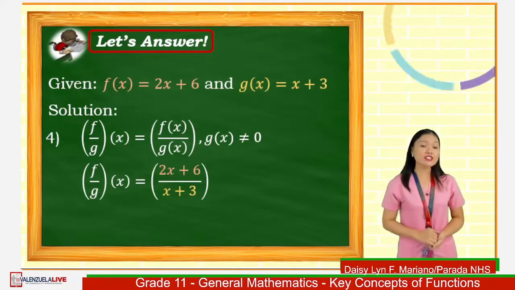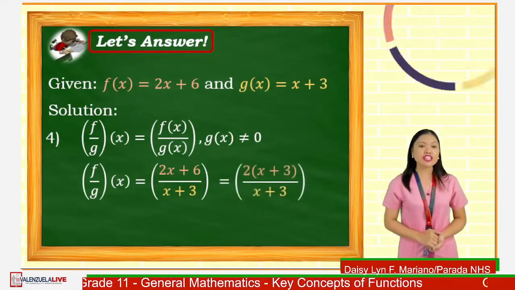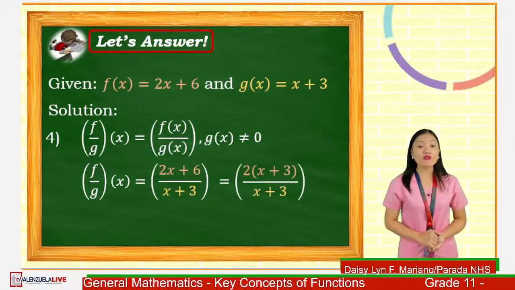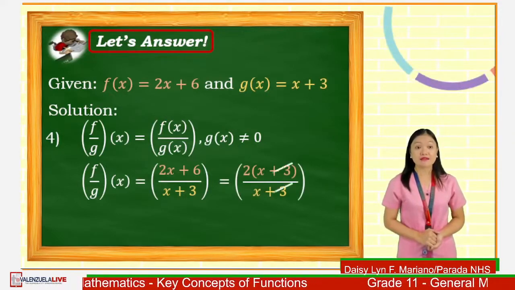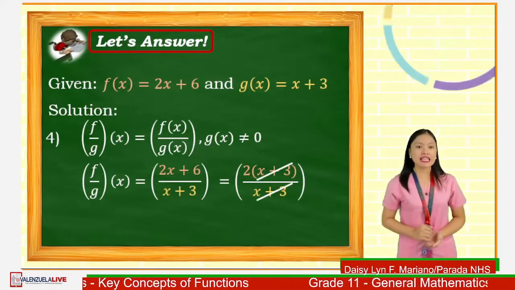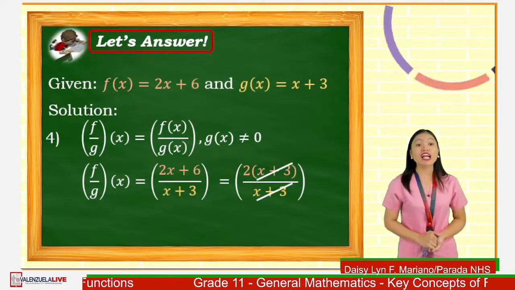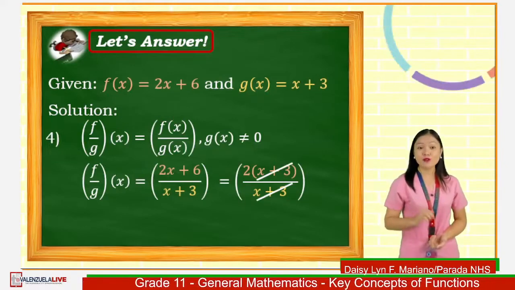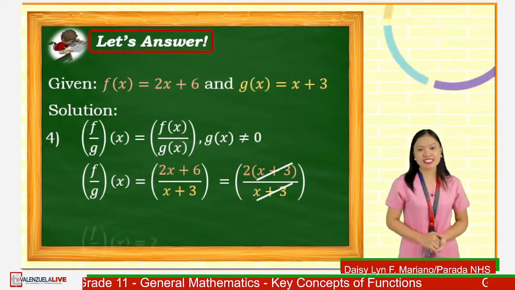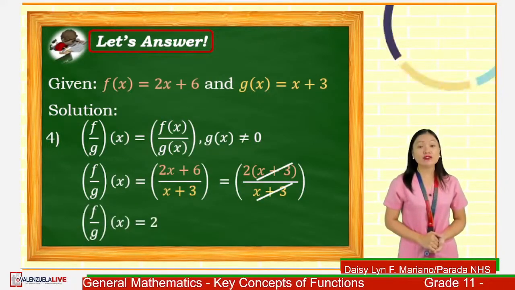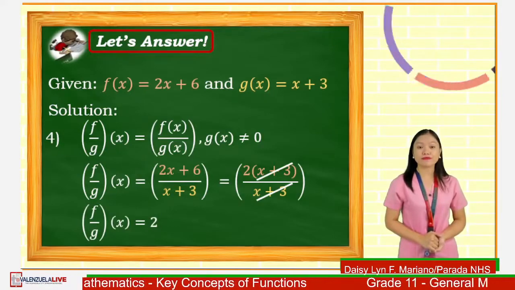So this can also be written as 2 times the quantity x plus 3 over x plus 3. x plus 3 in the numerator and x plus 3 in the denominator are equal to 1. So, the final answer is f over g of x is equal to 2.